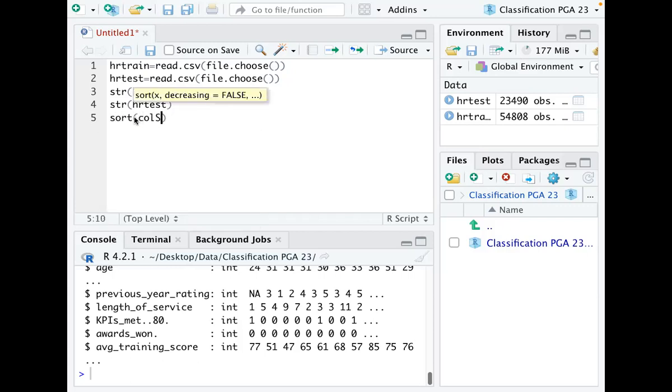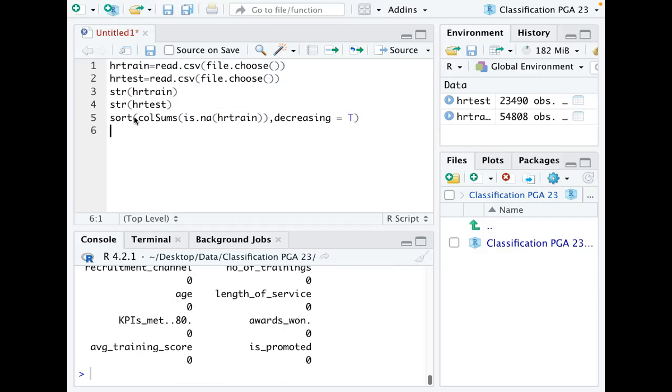Sort also is dot NA HR train comma decreasing is equal to true.